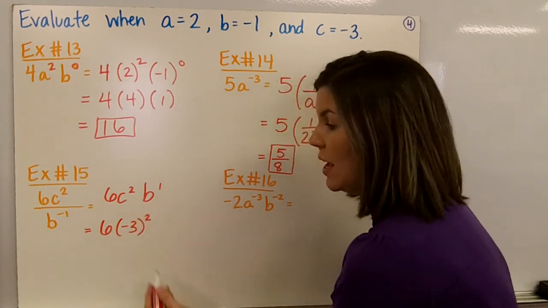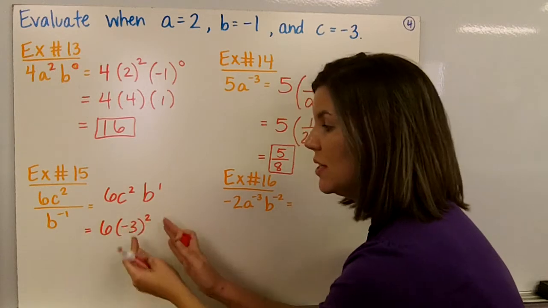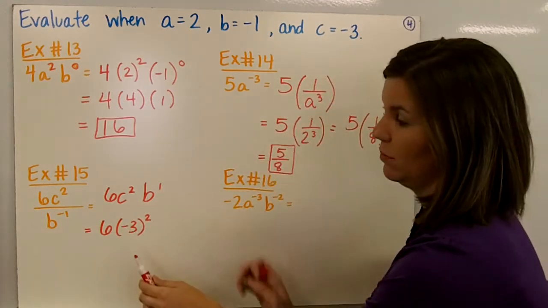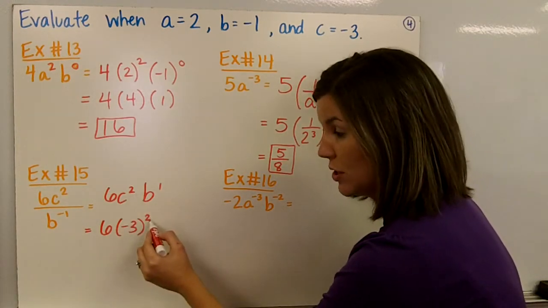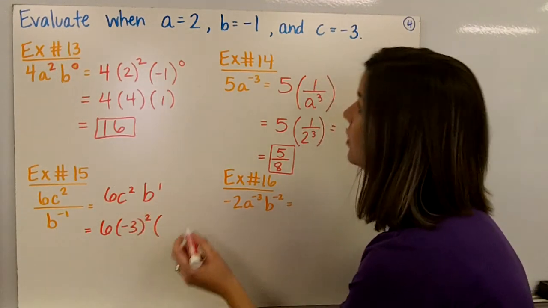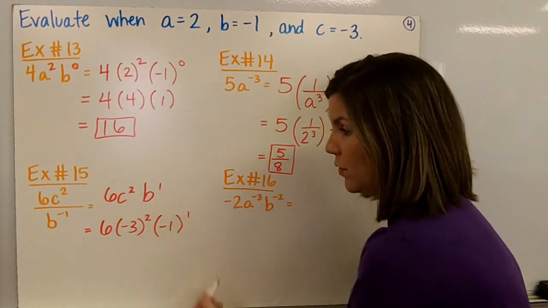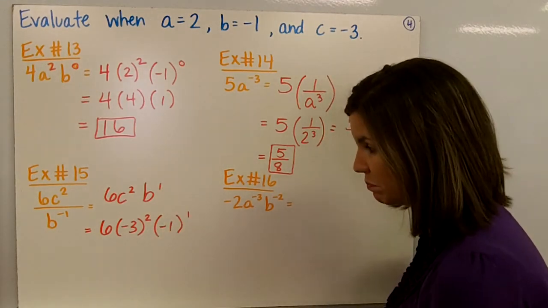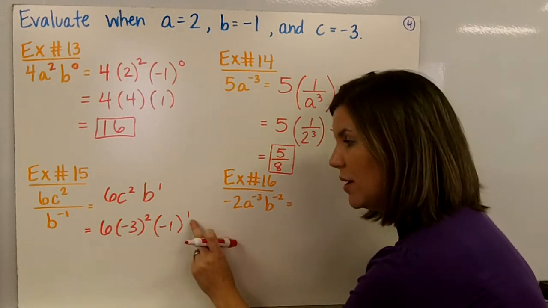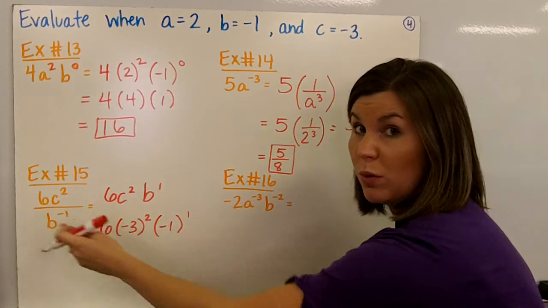It gets squared. And you must use parentheses. You take the variable out and you put parentheses around whatever you're substituting. This 2 goes on the outside. B is negative 1. And the 1 for the exponent is on the outside.